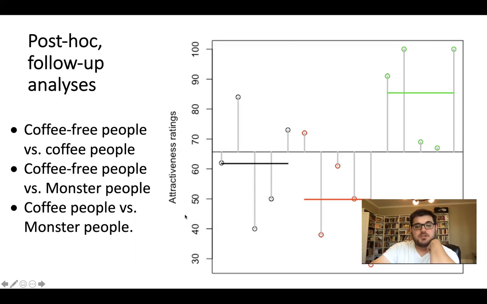You don't want to just use t-tests to do this, because then you'd end up doing no coffee versus coffee, then no coffee versus monster, and then coffee versus monster. We're back to the same problem that we had before, where we're doing multiple tests on the same data, and that increases our family-wise error rate. So just doing t-tests is not going to help us.